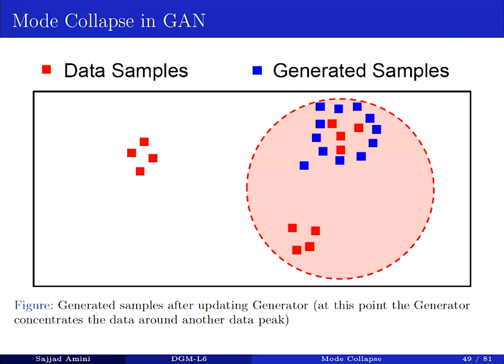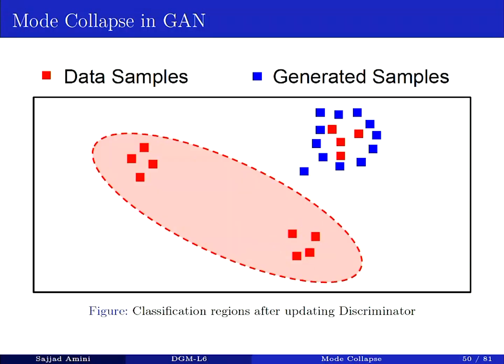Yeah, this discriminator completely neglects this peak and assumes that these two are the true data distribution, and again tolerates the misclassification of these four, for example, points. Again, the generator updates and goes to another mode, and this procedure will continue. This problem is called mode collapse in GANs.